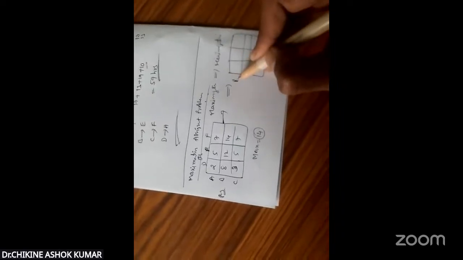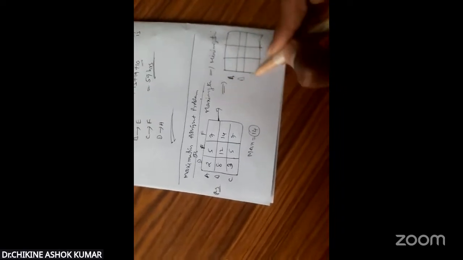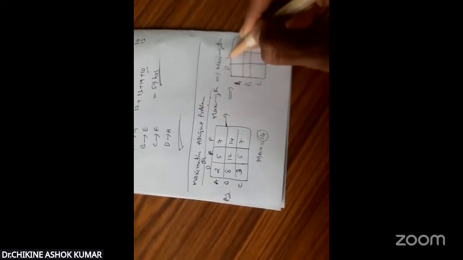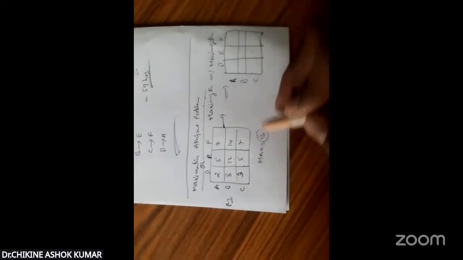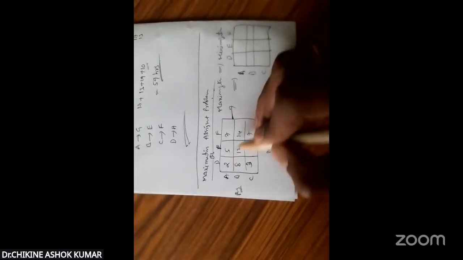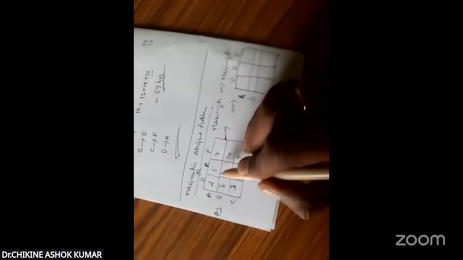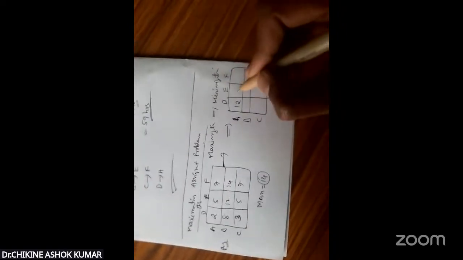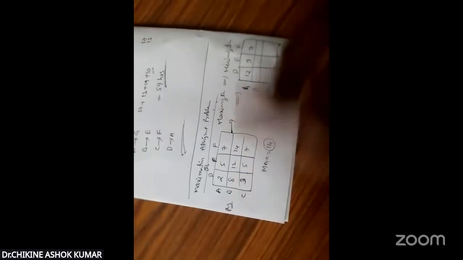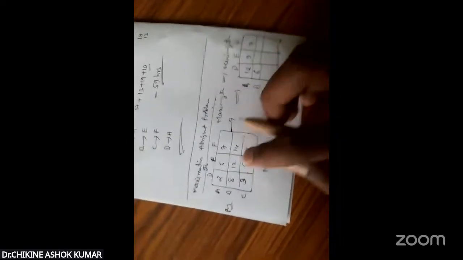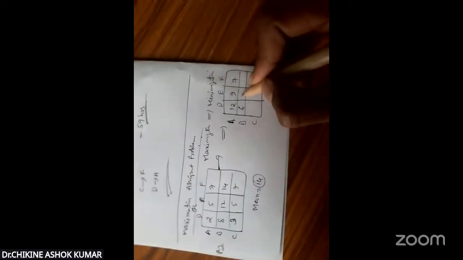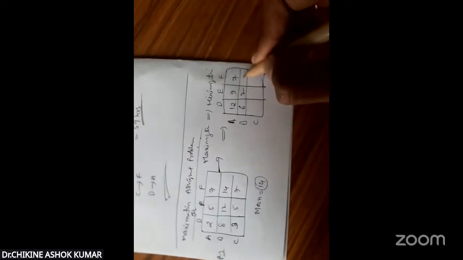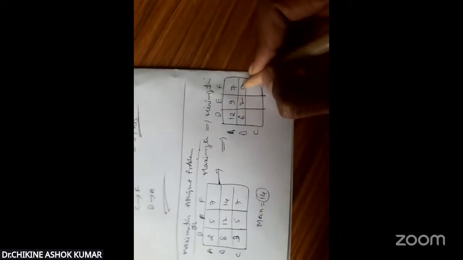This is A, B, C. This is D, E, F. See here. Now 14 is the maximum, so subtract each element from 14. 14 minus 2 is 12. 14 minus 5 is 9. 14 minus 7 is 7. 14 minus 8 is 6. 14 minus 12 is 2. 14 minus 14 is 0; definitely one of the elements will go to 0.